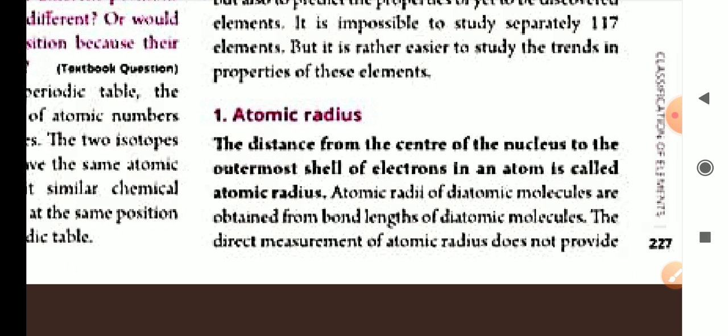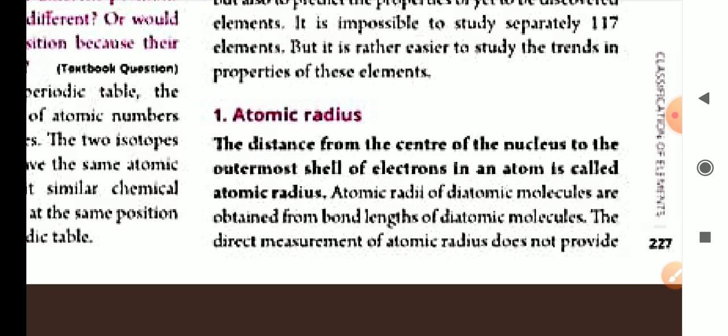Atomic radii of diatomic molecules are obtained from bond lengths of diatomic molecules. So in the case of a diatomic molecule like hydrogen H2, the bond length between the hydrogen atoms gives us the atomic radius.